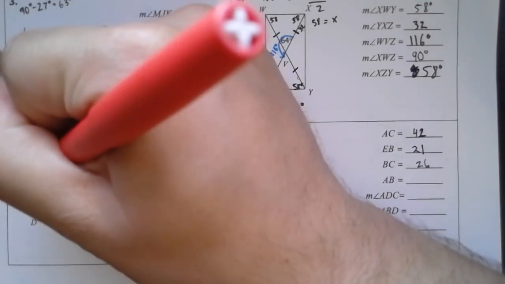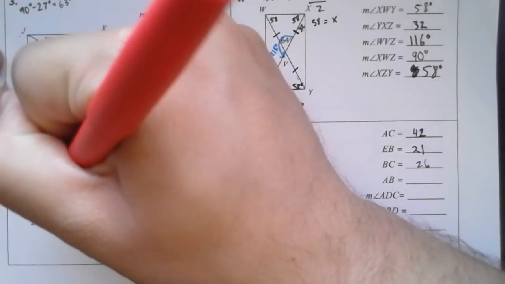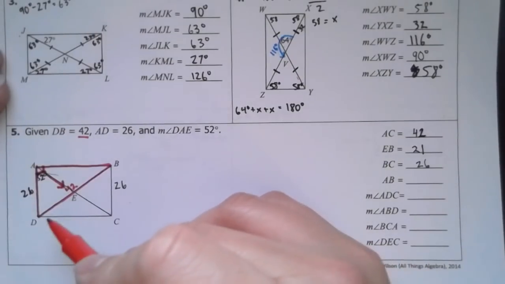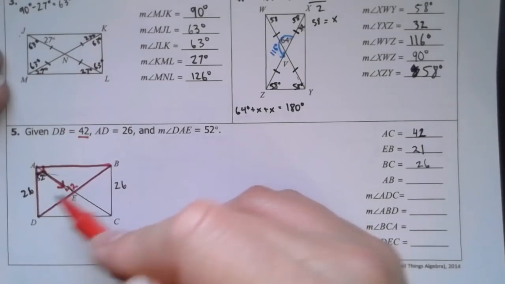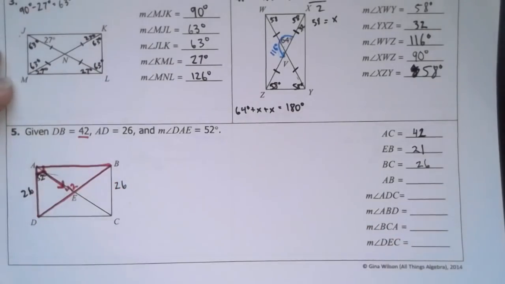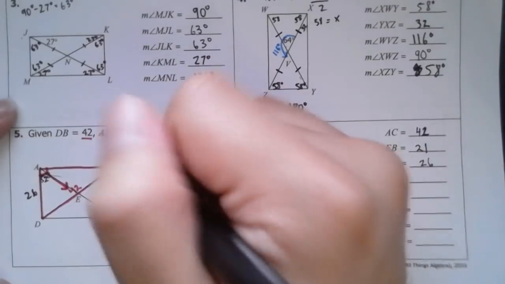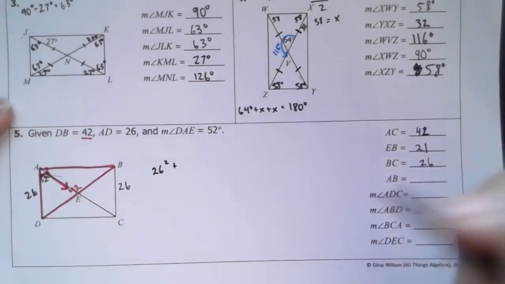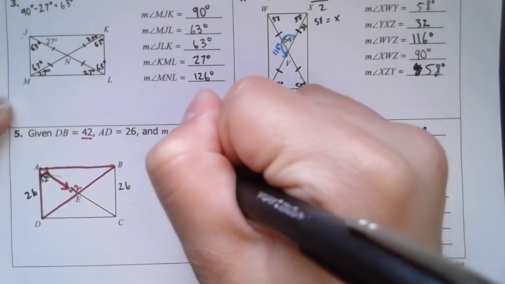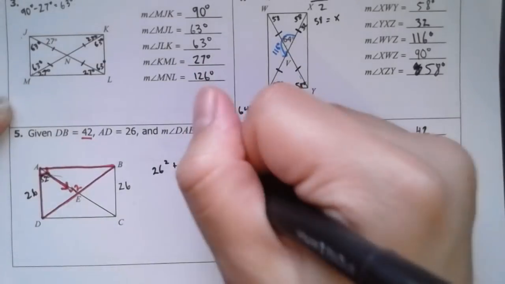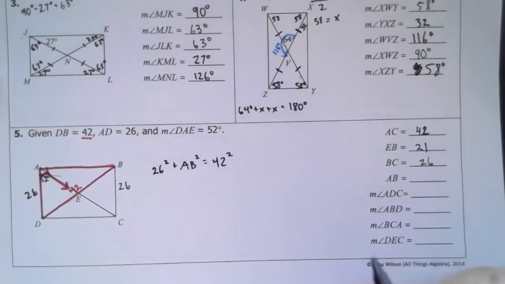Here is my arrow going toward C. C is given, C is 42. A is 26. I am finding B, that's my missing one. So 26 squared plus AB squared is equal to C squared. C squared is DB, 42 squared.